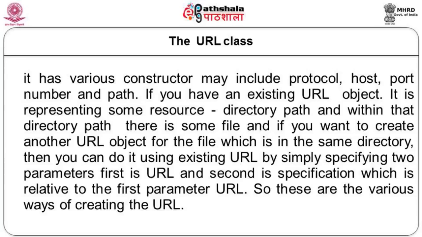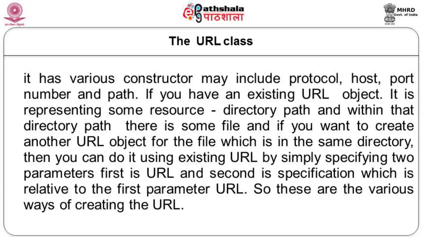There are various other constructors available where you can specify, for example, the protocol, host, port number, and path. So there are various overloadings of this. You may include the port, or you may not include a port. Various constructors are available to create an object of URL.